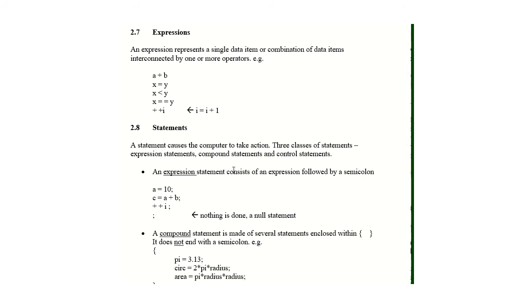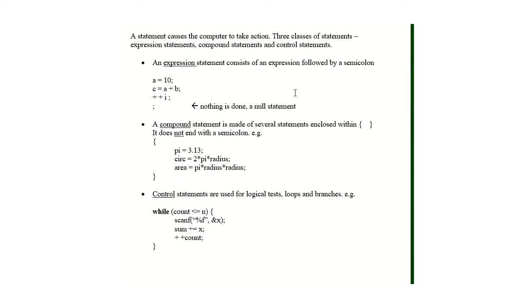There are three classes of statements: expression, compound, and control statements. An expression statement consists of an expression followed by a semicolon. So these are all C expression statements, including the null statement where nothing is done. A compound statement is made up of several statements enclosed within these two braces.